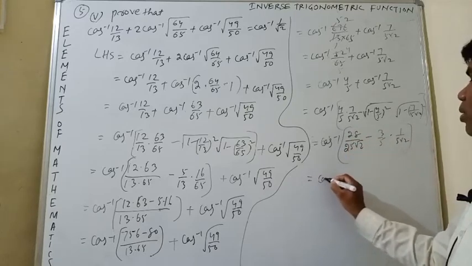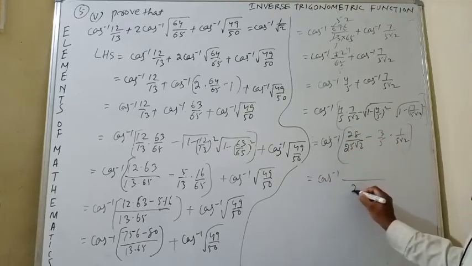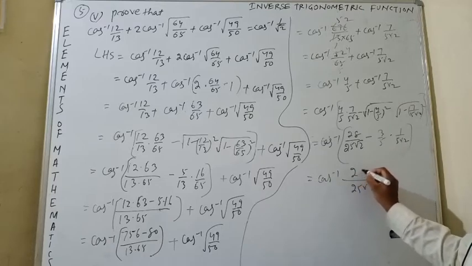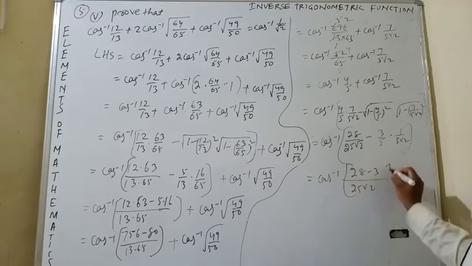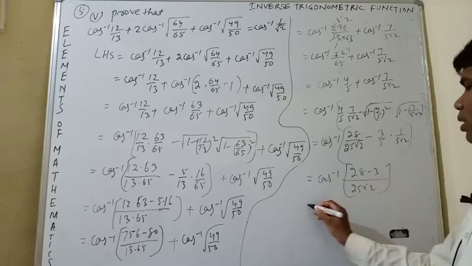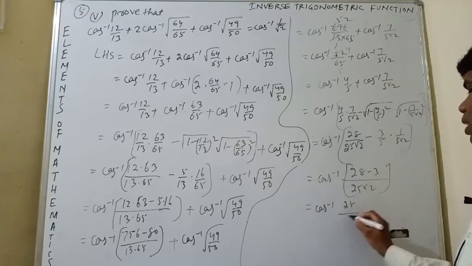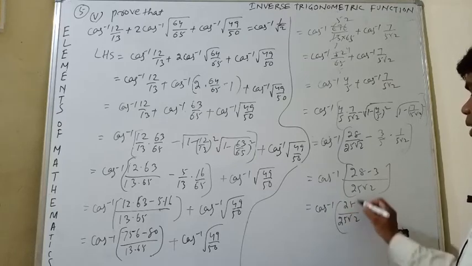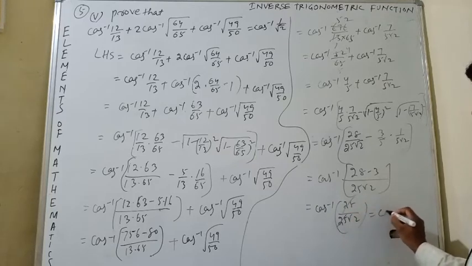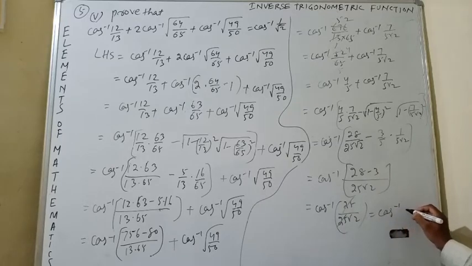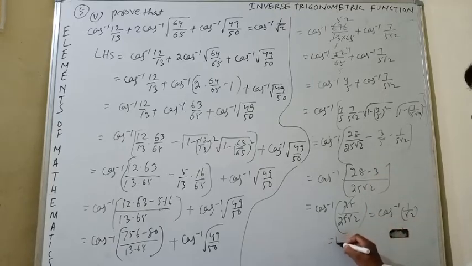Is equal to cos inverse 28 minus 3 by 25 root 2, is equal to cos inverse 25 by 25 root 2, 25 will cancel out is equal to cos inverse 1 by root 2, which is equal to RHS, proved.